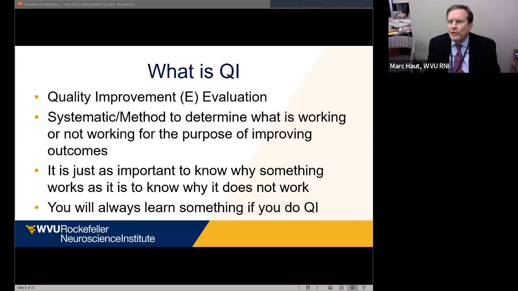Keep in mind that if you do QI, you will always learn something. It may not be what you set out to learn or what you thought was going to happen, but you will always learn. And if you are always learning, you can almost guarantee that you'll improve whatever it is that you're working on, that you will have a positive impact on that. Next slide.